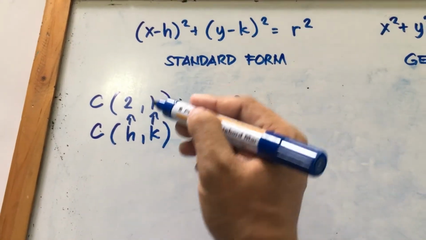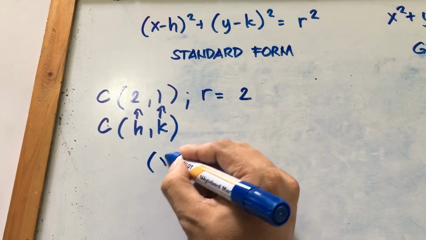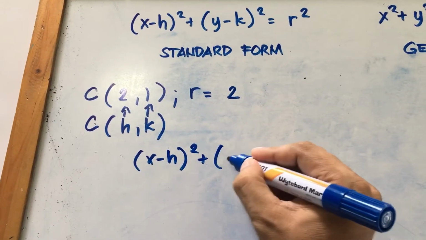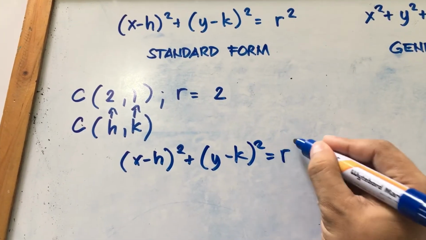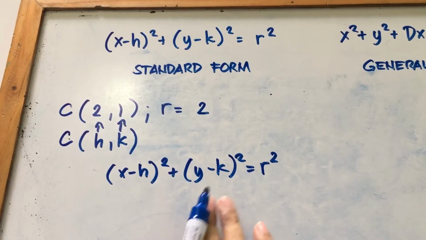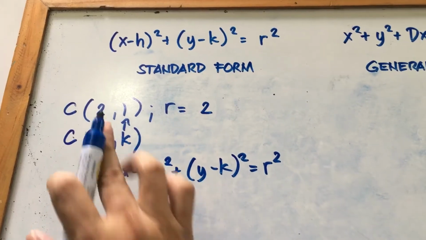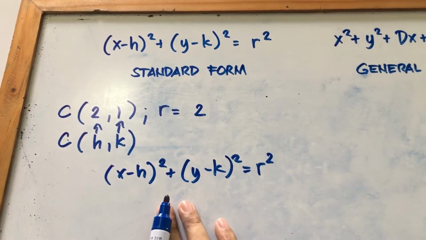For us to change this to the standard form of the circle, it's very important that you first write the formula once again. From (x - h)² + (y - k)² = r², we simply substitute the given values of your center (h, k) and the radius, which is 2, in our equation.